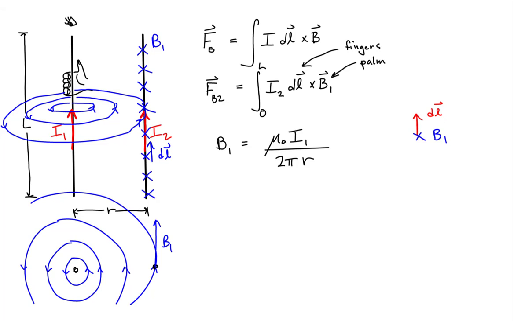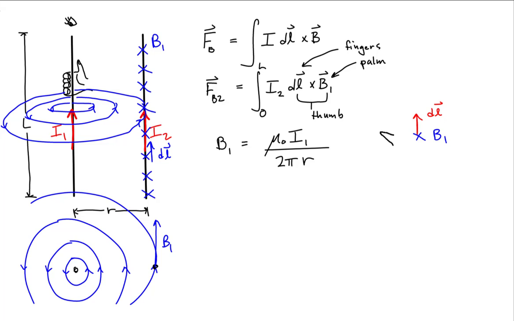So oftentimes I'll just curl my palm in that direction to help me face my palm in the correct direction. But the palm will be in the direction of the magnetic field. And then when we stick our thumb out, the thumb points in the direction of the cross product between those two vectors.